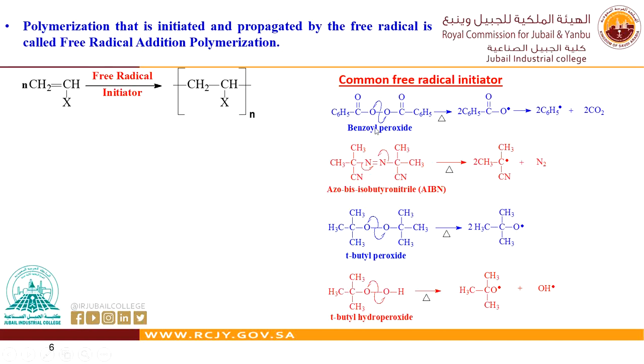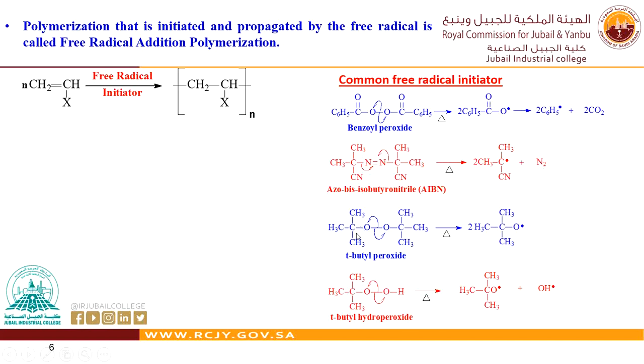We have benzoyl peroxide. The benzoyl peroxide will break at the oxygen-oxygen bond to give a free radical. You have AIBN, azobisisobutyronitrile, which will also break at 2 points, here and here, to generate free radicals and a nitrogen.